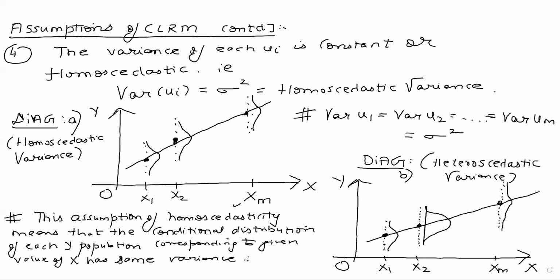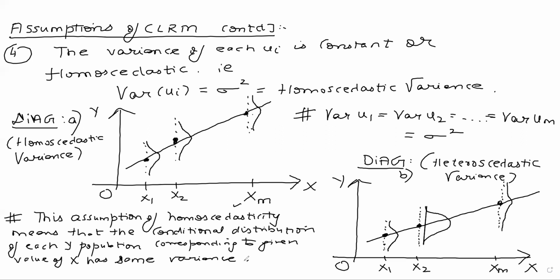Another way of saying it is that for every fixed value of x, the conditional distribution of the y population, that means for every fixed value of x, the square of the deviations of the y values from their means will have the same variance. Okay, let me go over it once again so that students are crystal clear.